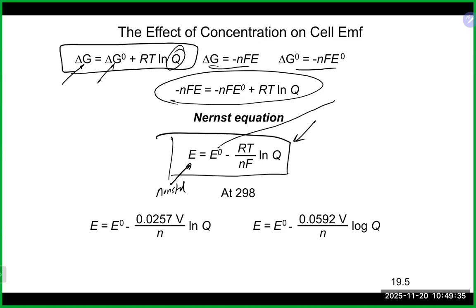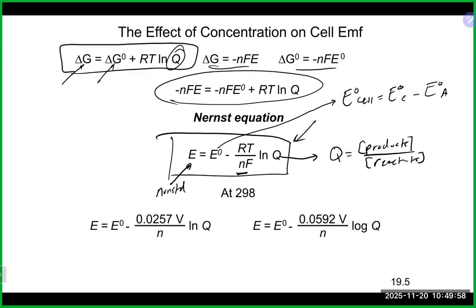Remember that this guy here is under standard conditions. So that's going to be in your SRP table there, cathode minus anode. The rest of it here is obviously what we just used in the previous problem. And our Q is again our reaction quotient, which is our products over our reactants.